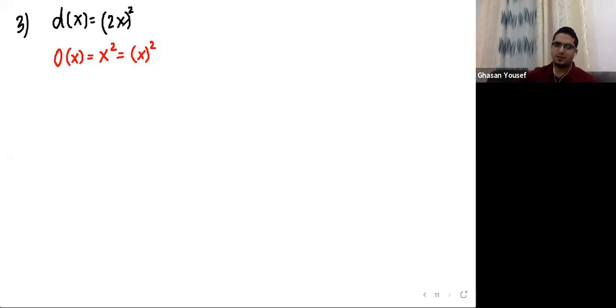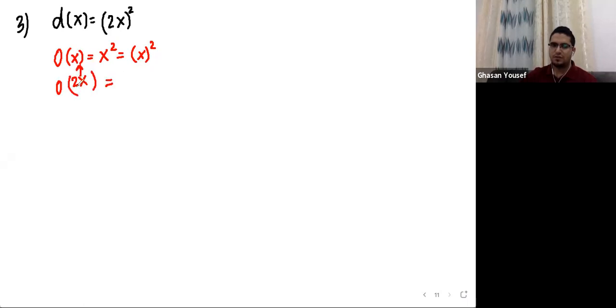The best thing here, when you see the value under the root, the power, the exponent, is the best thing to substitute. What should you substitute instead of x? Only 2 or 2x? The best thing is to substitute 2x inside this function, both of them, 2x inside the function.